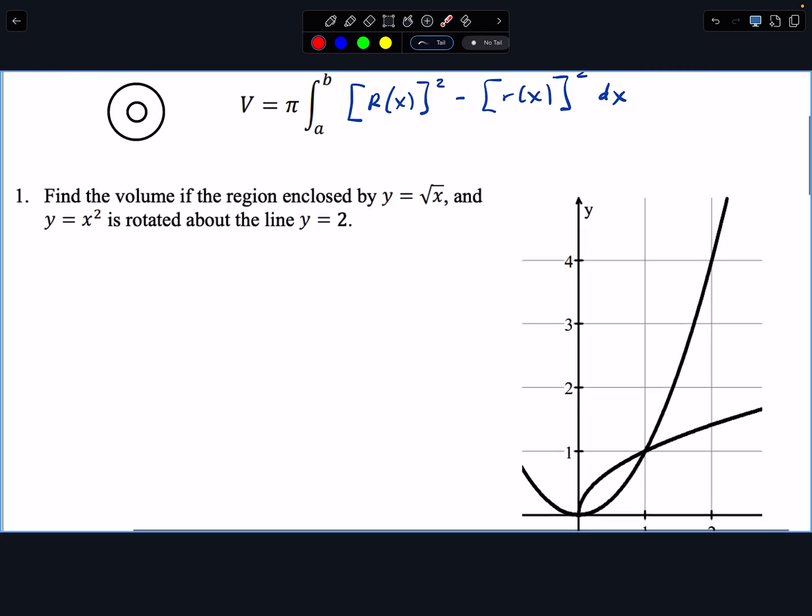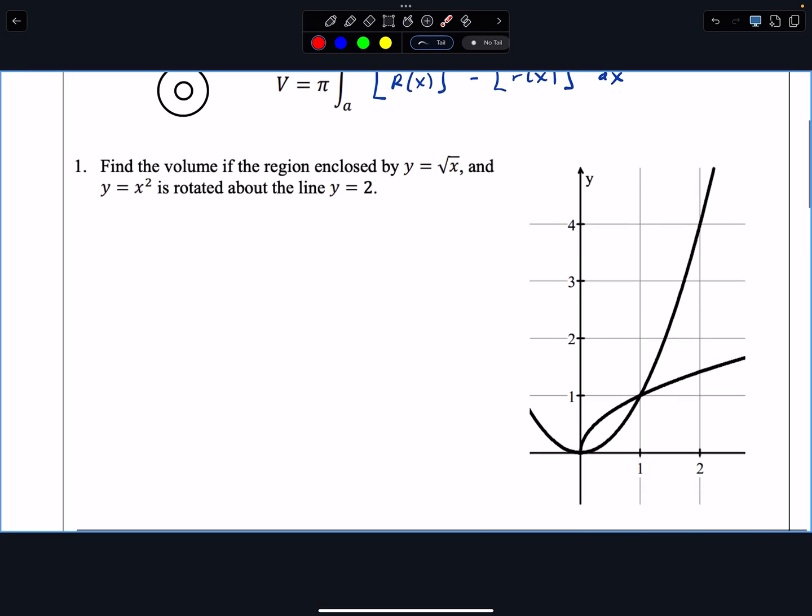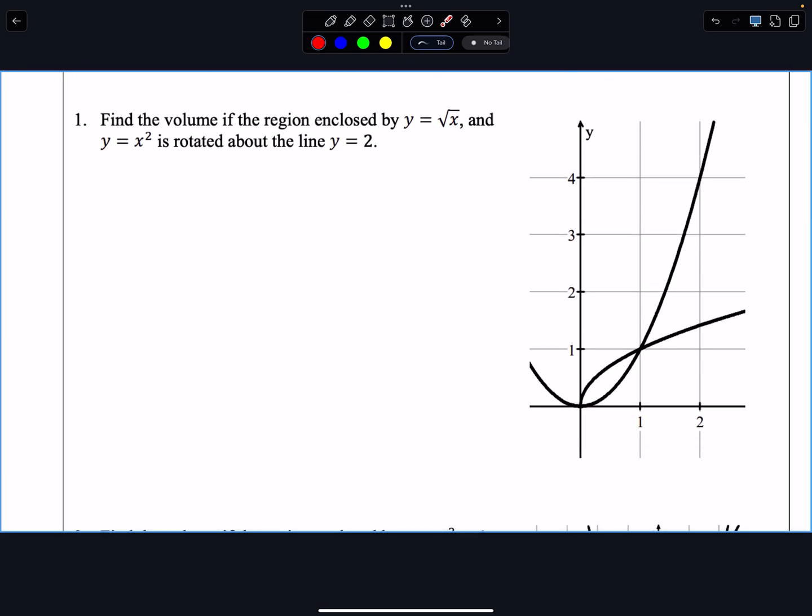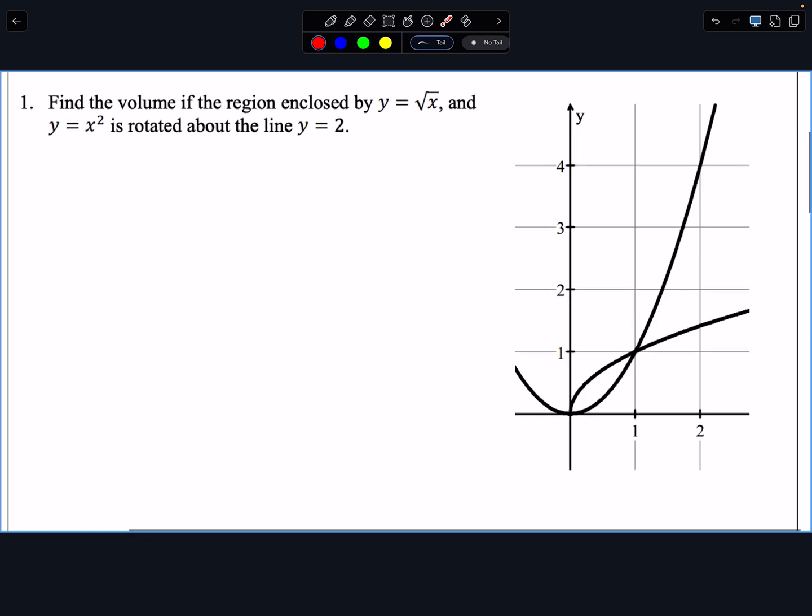Okay. So find the volume if the region enclosed by y equals square root of x and y equals x squared is rotated about the line y equals 2. So y equals 2. That's this line right here.